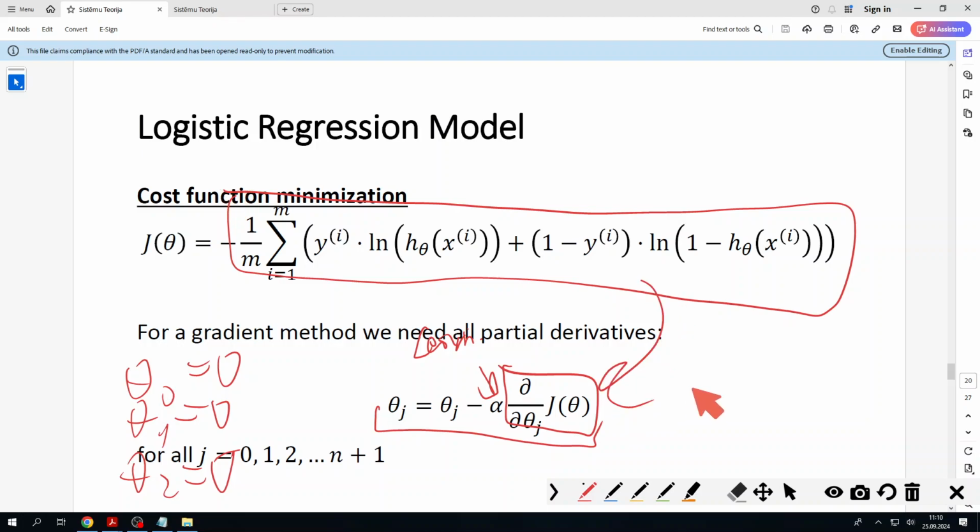As I said, it's going to be the same, surprisingly, yes, because this formula is completely different from the cost function of linear regression, which was this formula, yes.